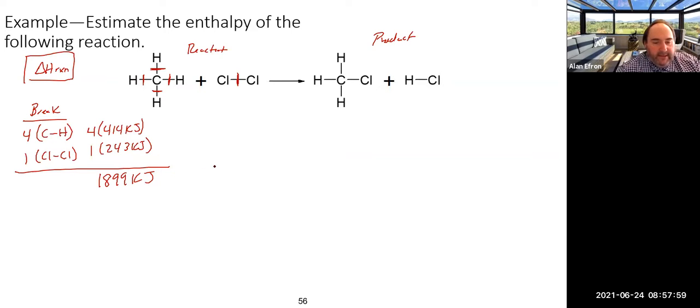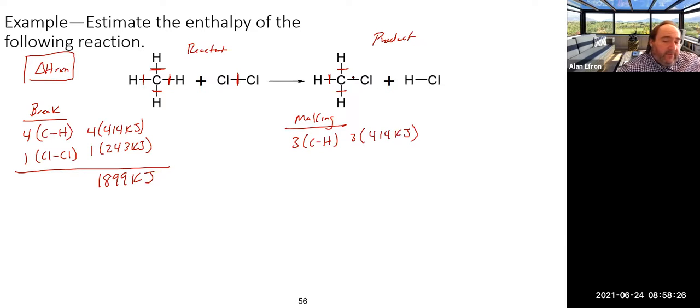going to be making, in this case, one carbon hydrogen bond, one carbon hydrogen bond, and one carbon hydrogen bond. So in terms of making, we are going to be making 3 of the carbon hydrogen single bonds. We know from the previous that the carbon hydrogen single bond is 414 kilojoules.